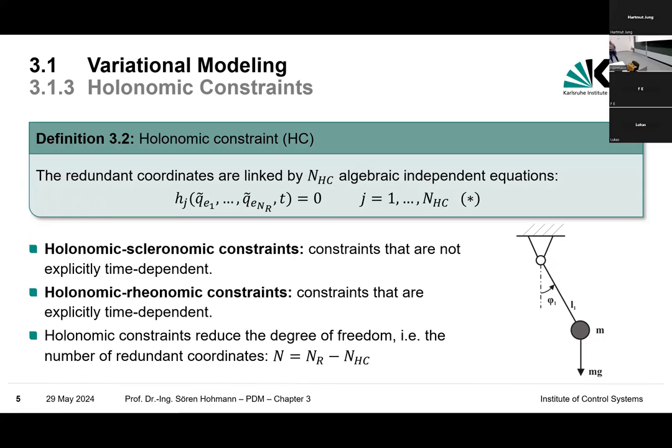So when we do that and look at the free movement of a mass, we have a point in a plane, just constrained to x and y. Then we have two coordinates to describe the movement of the mass, right? x and y.